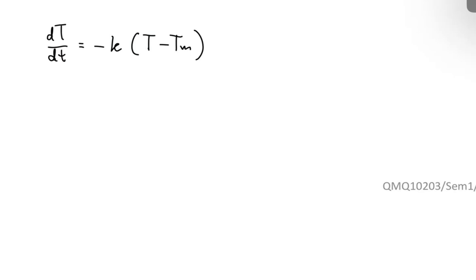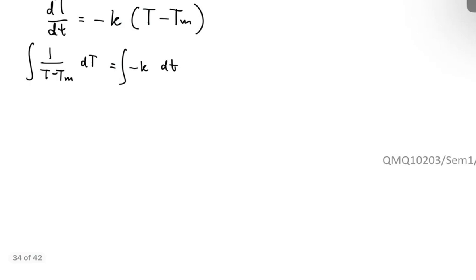To solve this using a separable equation, let's separate it: 1 over (T minus Tm) dT equal to minus k dt. Integrate both sides.